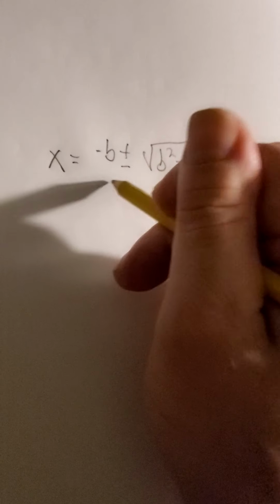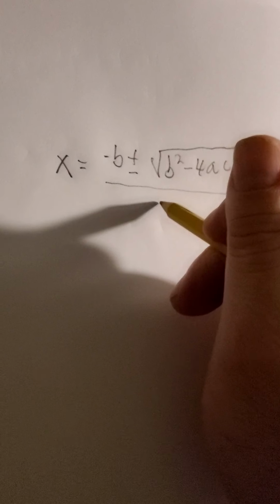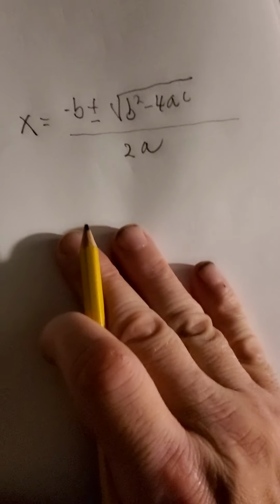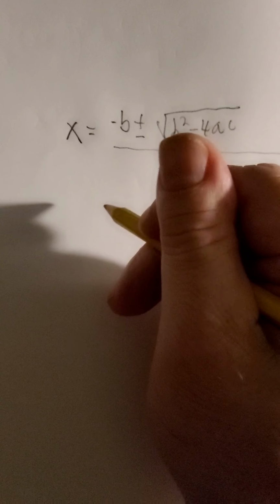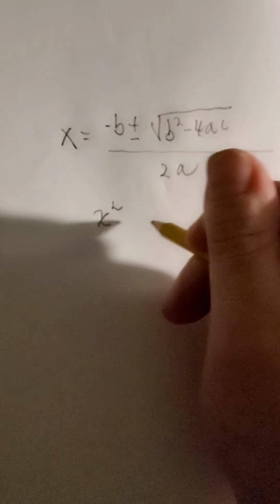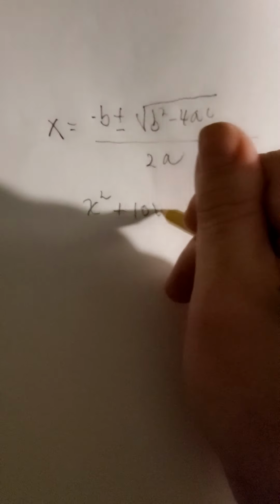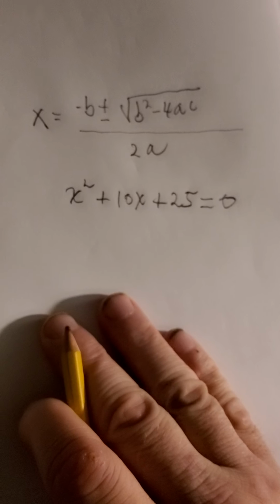X equals negative b plus or minus the square root of b squared minus 4ac, all that divided by 2a. And then I'm going to take a problem, x squared plus 10x plus 25 equal to 0, and I'm going to plug it in, okay?